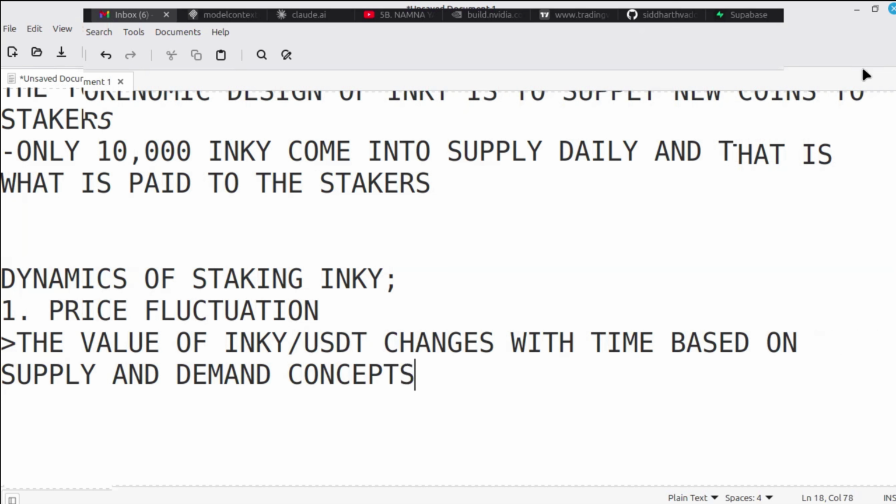The first dynamic that you are going to face when you stake INKY today is the fluctuation of price. The asset itself fluctuates.